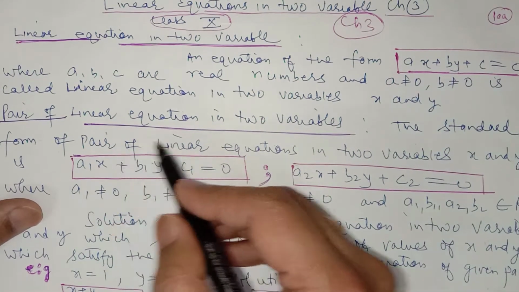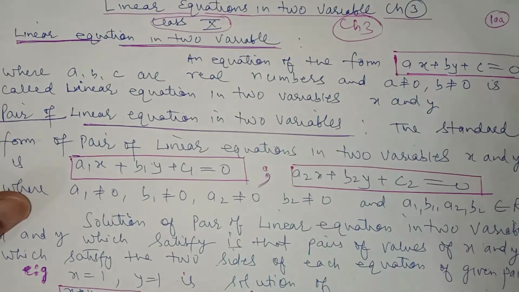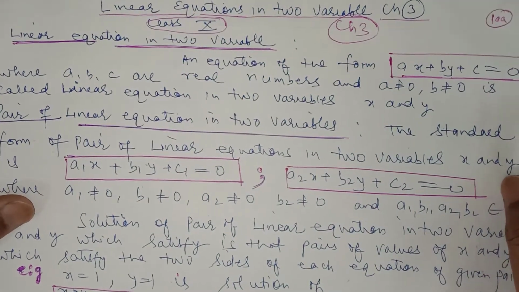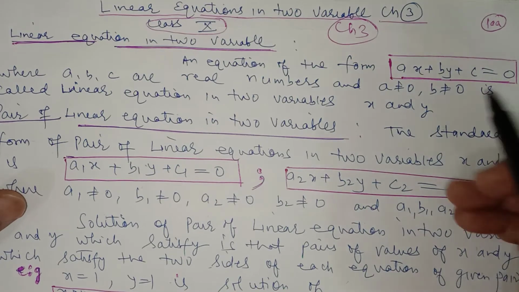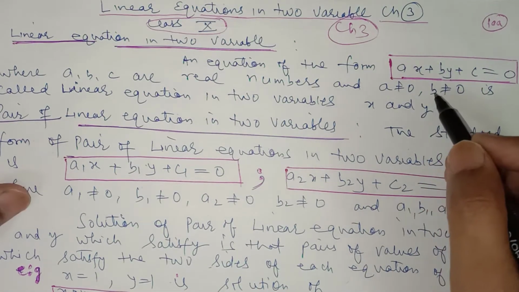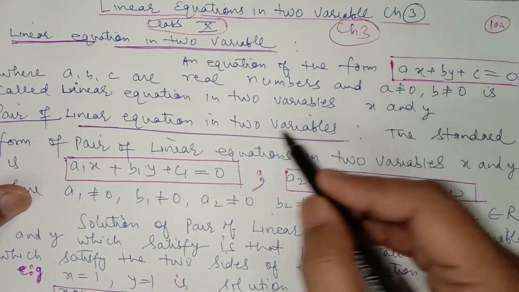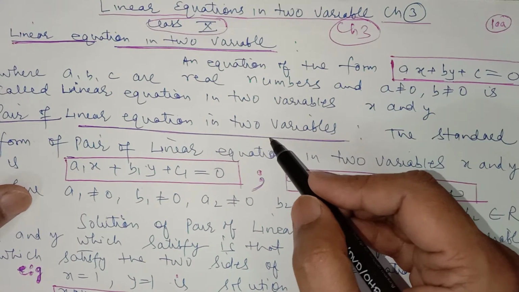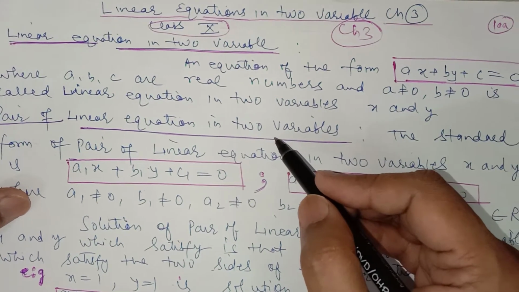Now, pair of linear equations in two variables. As you know, if we have only one variable, we need only one equation to find the solution. When we have two variables, we must have two equations to find the solution.